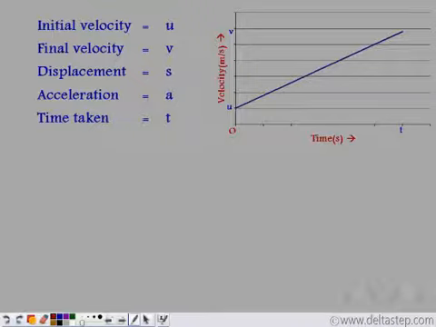Velocity at time t is v, so the final velocity is v. We denote displacement by s and acceleration by a. Note that this velocity time graph is a straight line, hence it represents constant acceleration.